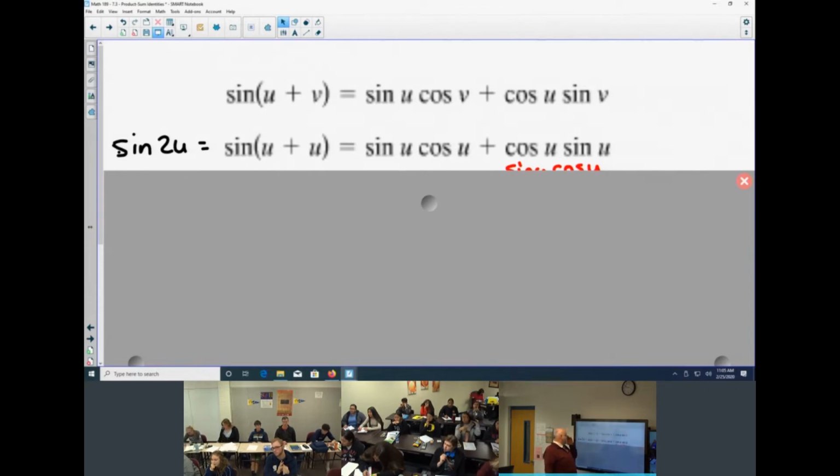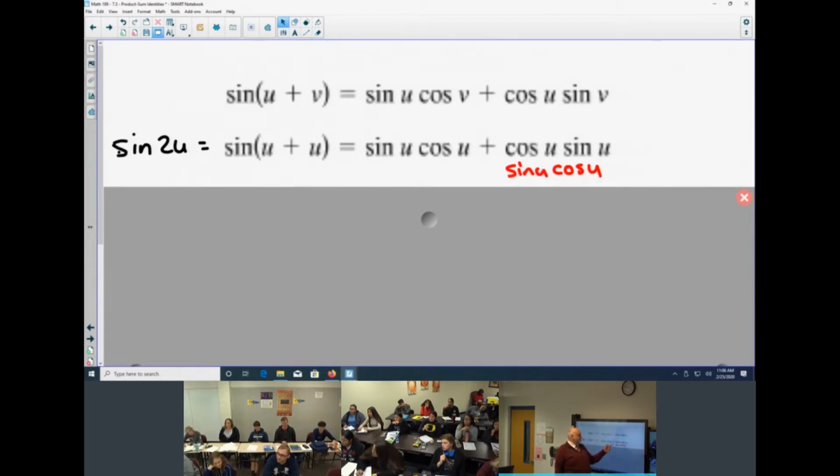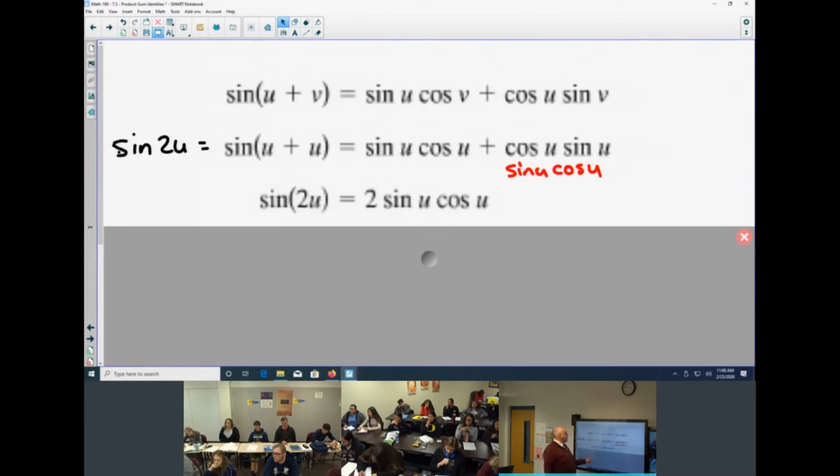And so we get sine of u cosine u plus cosine u sine u. Well, the order that we write it, a product doesn't matter. So this is the same as sine u cosine u. So we end up with 2 sine u cosine u. And so that's where that formula comes from. So the sine of 2u is 2 sine u cosine u. Okay? All right.